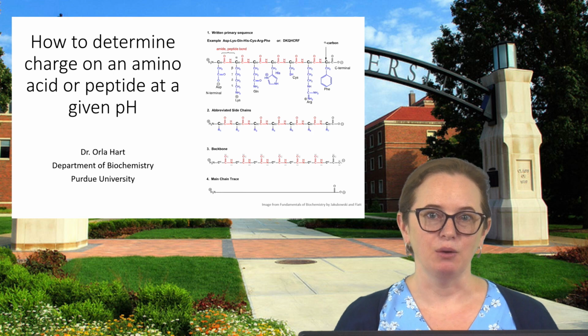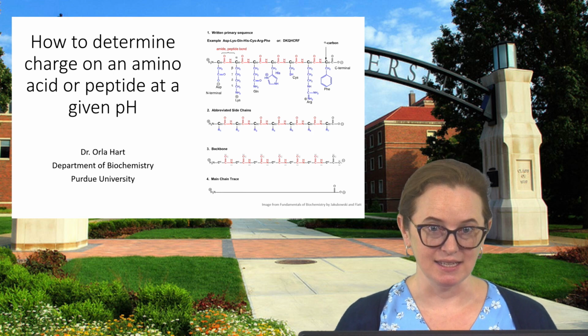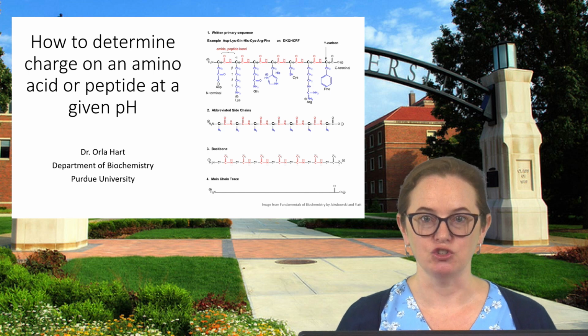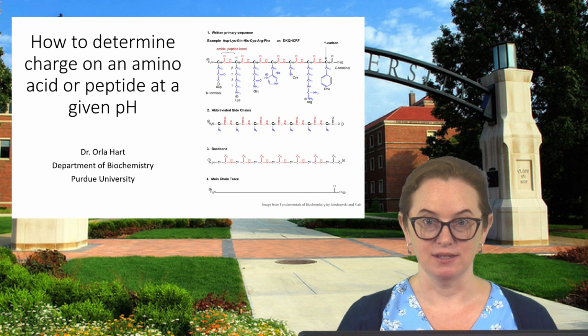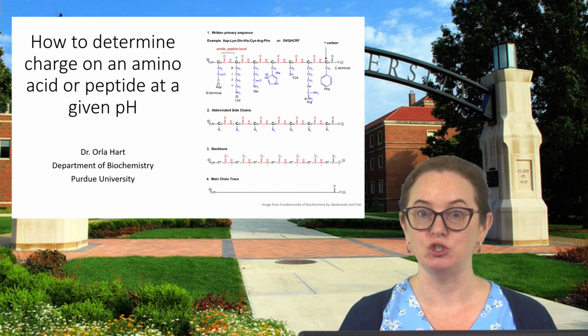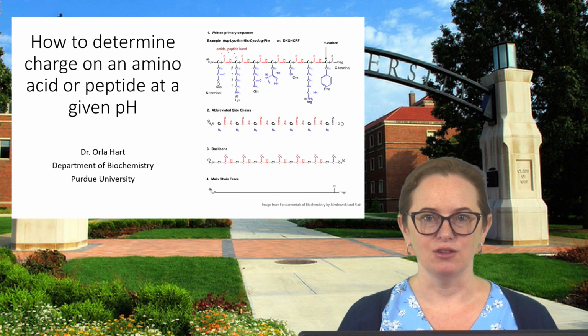Now, if you are doing something like this in an assessment, it's really important that you read the question. If you are asked to draw a structure, somebody is looking for the entire structure, so don't do anything abbreviated in those instances.